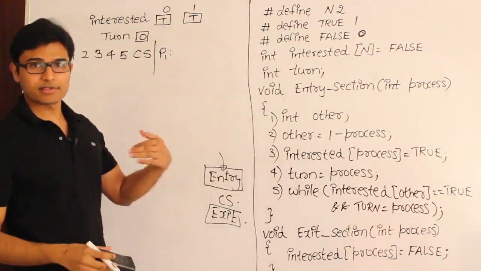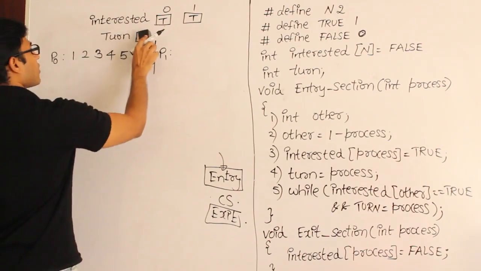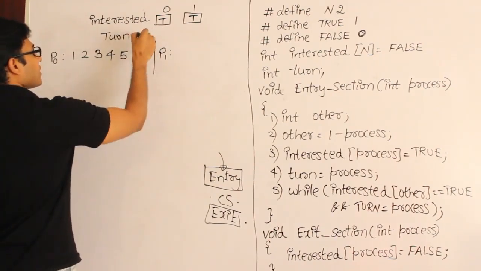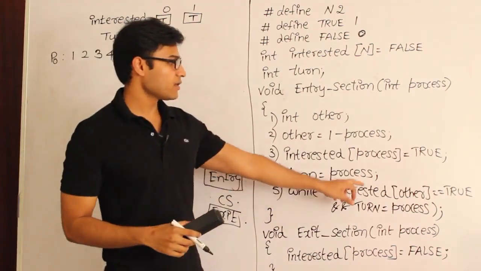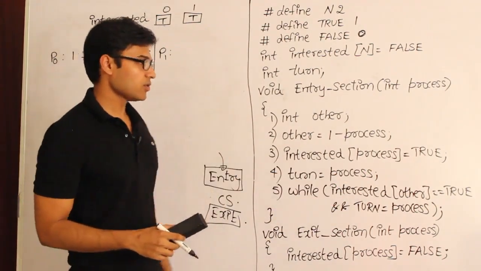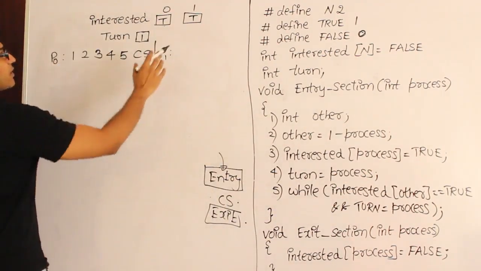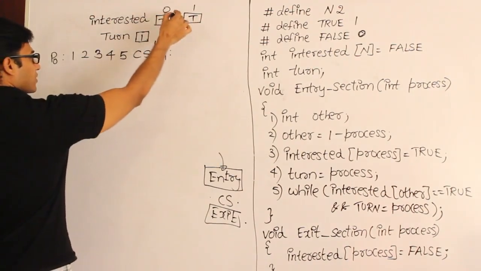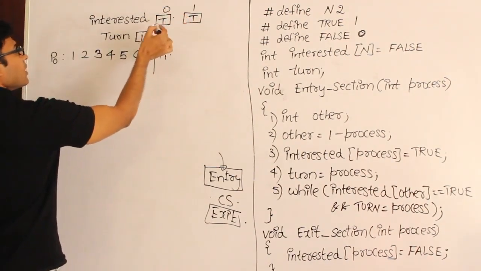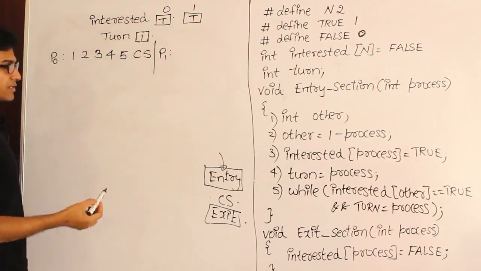It is even saying that it is my turn, which is wrong, but still it is saying that it is my turn, right? And now while interested of other equal to true and turn equal to process, which means interested of other, which means this one. Interested of other means, what is the other for P1? This one. If interested of other equals true, and turn equals process, you are supposed to wait.